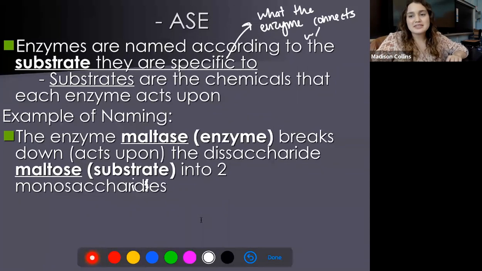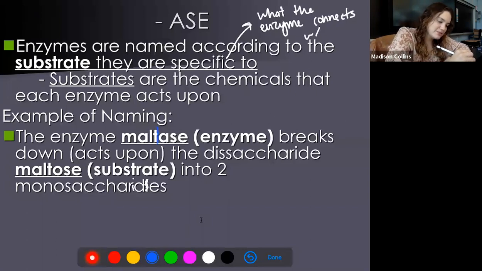This naming system is super helpful because if you have the name of an enzyme, you can figure out what it's working on, what its job is. In this example, we're given that the enzyme is called maltase. You can always pick out the enzyme because it's almost always going to end in ASE.